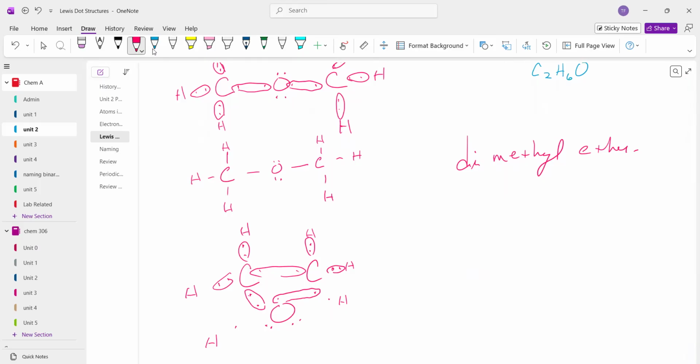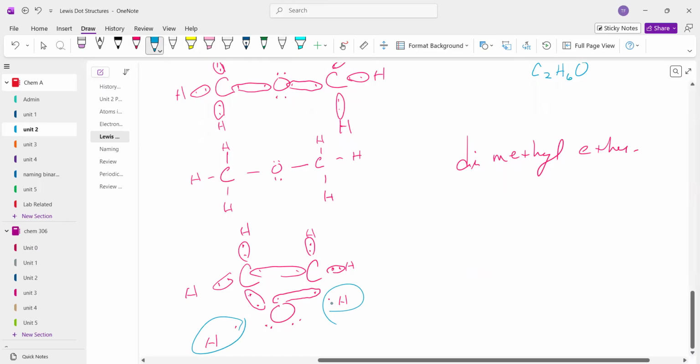This guy isn't bonded. So this is not legal. Does that mean it's not legal? Yeah, every dot needs to be connected. Otherwise, you have a free radical.